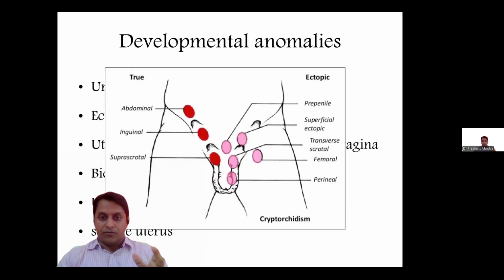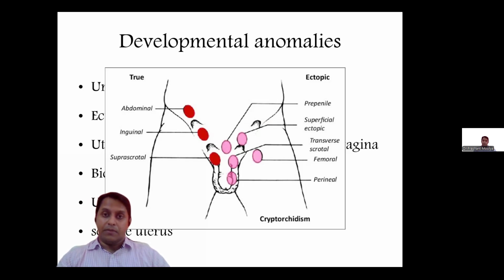So this is the photograph which shows you clearly what cryptorchidism is and what the ectopic testis is. Generally, the testis descends from the abdomen through the inguinal canal into the scrotum. If it is anywhere in this path or has failed to descend here, then it will be called undescended testis or cryptorchidism. In a full term baby, generally this does not happen.